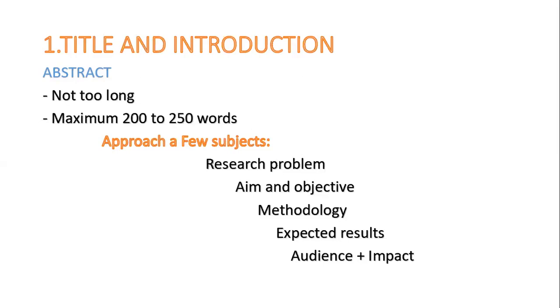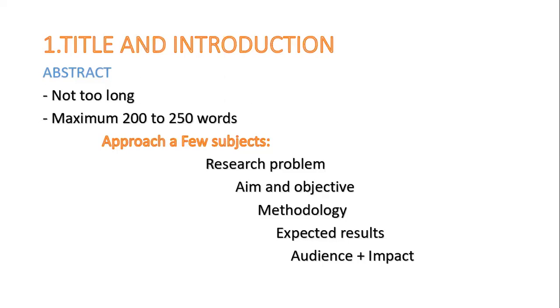Remember, this is a research proposal, so the research in the field has not yet been done. You're just proposing; you're just giving us your intentions. No wonder you only bring out your expected results. Lastly, you also include the impact this research is going to have on people in society. So that is your abstract.